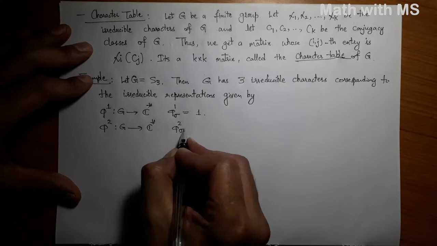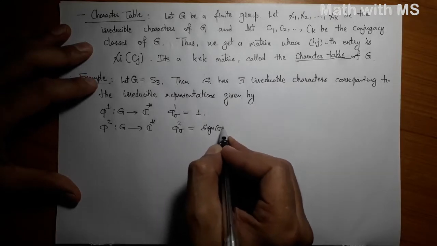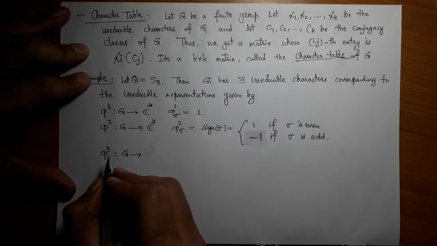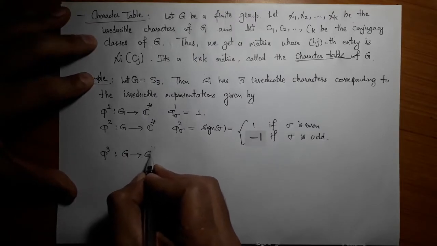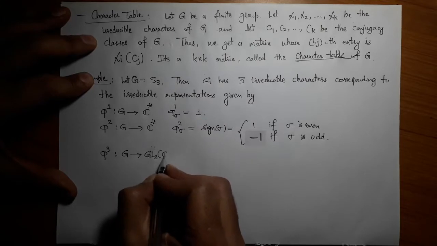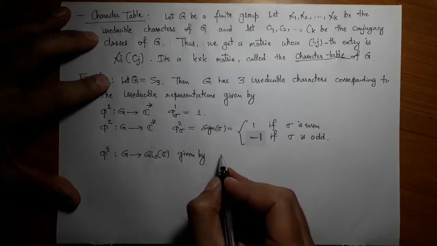Phi 2 of any sigma equals the sign of sigma. And the third one was a two-dimensional irreducible representation, phi 3 from G to GL2 of C, given by, I will just write it on generators.